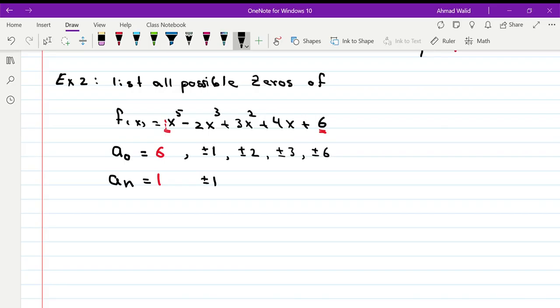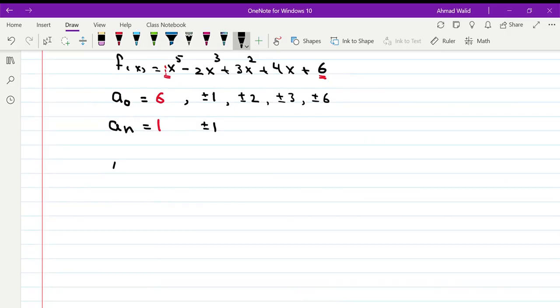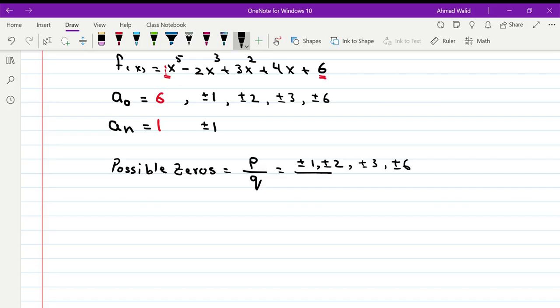Now, possible zeros equals P over Q, which means plus minus 1, plus minus 2, plus minus 3, plus minus 6 over plus minus 1.